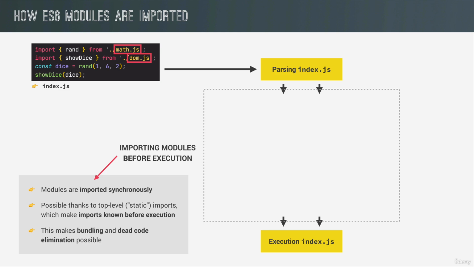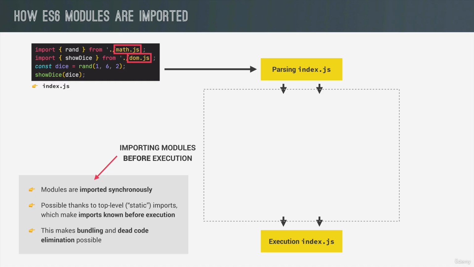So by knowing all dependencies between modules before execution, bundlers like Webpack and Parcel can then join multiple modules together and eliminate that code. And so essentially, this is the reason why we can only import and export outside of any code that needs to be executed, so like a function or an if block.